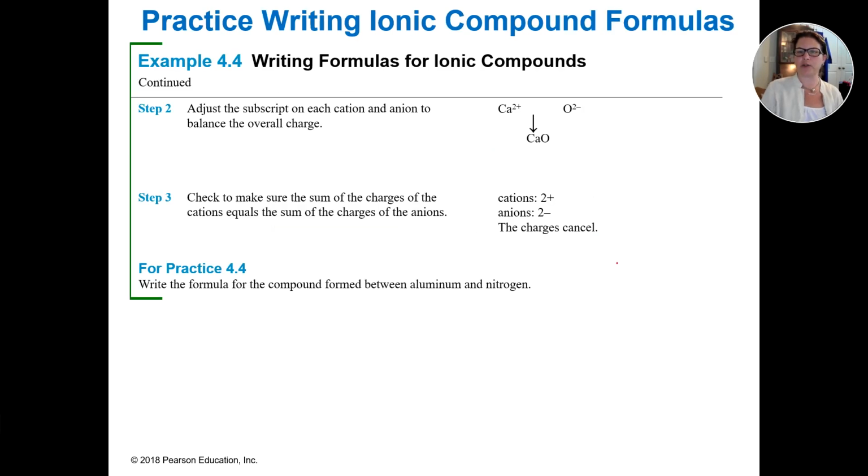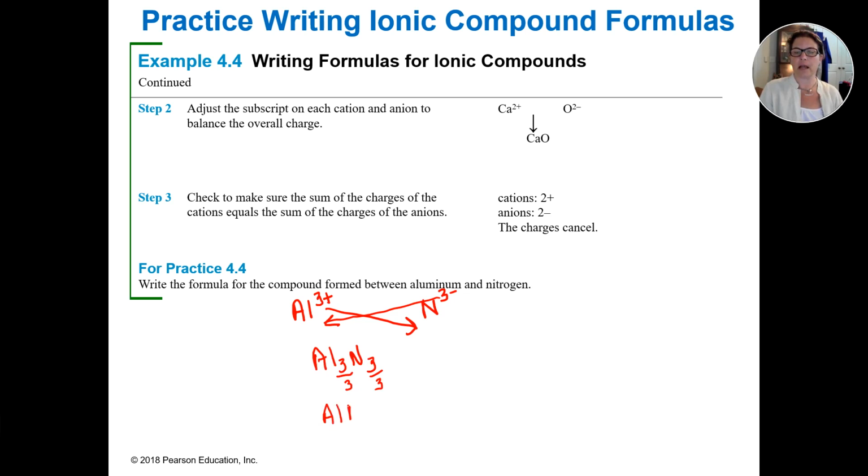Yeah, let's do aluminum and nitrogen. So aluminum is in group 13, so it'll be a 3 plus charge. Nitrogen is in group 15, so a 3 minus. If I just bring these down, then I get Al3N3, but I can reduce it.